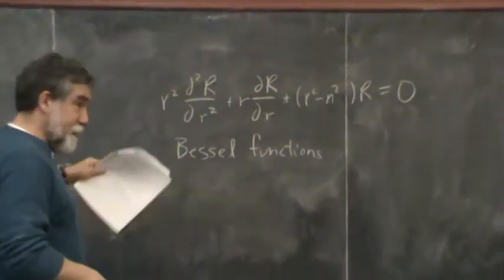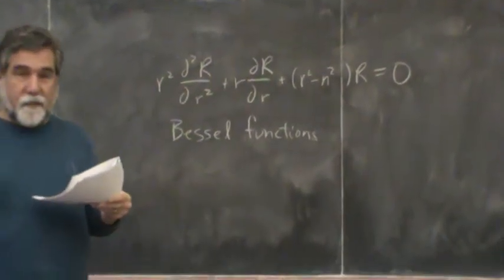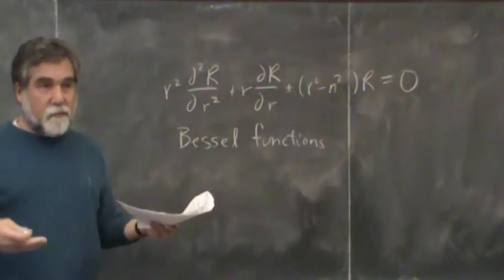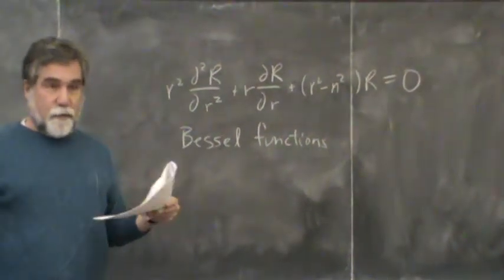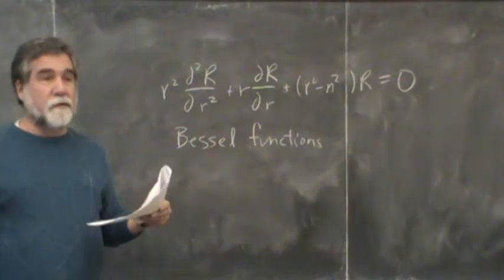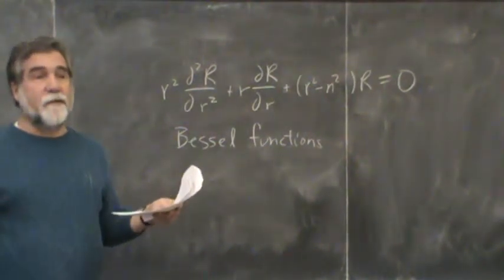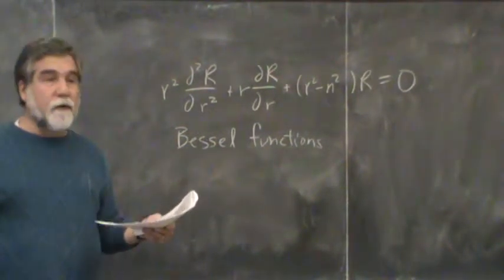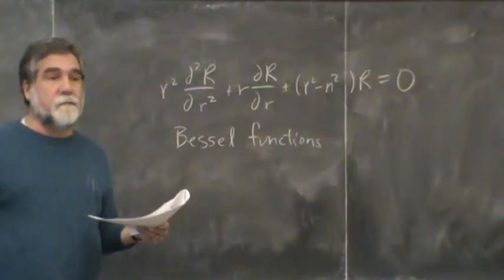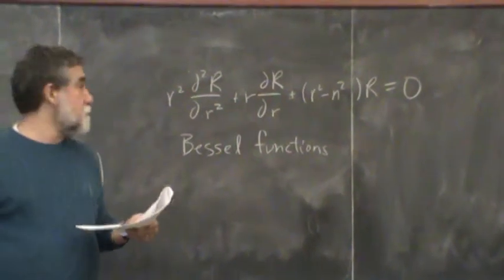Right? And Bessel functions, with the appropriate weighting, also form an orthogonal and orthonormal, complete set of functions over the interval from 0 to 1, but we can always scale.